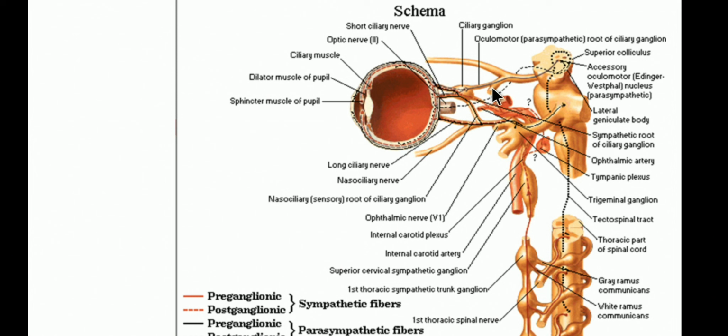Then via the branch to the inferior oblique, and finally it will reach the ganglion. Then after relay in the ciliary ganglion, it will travel via the short ciliary nerves. Many short ciliary nerves are there, which pass above and below the optic nerve.